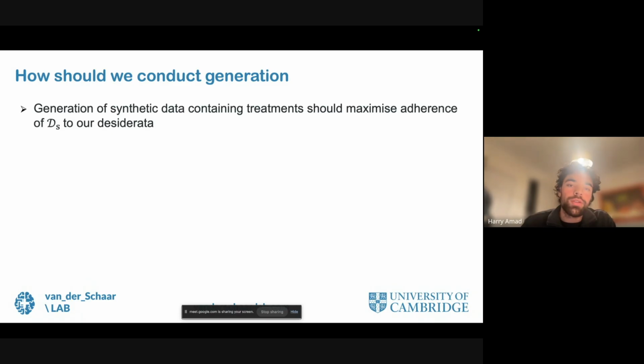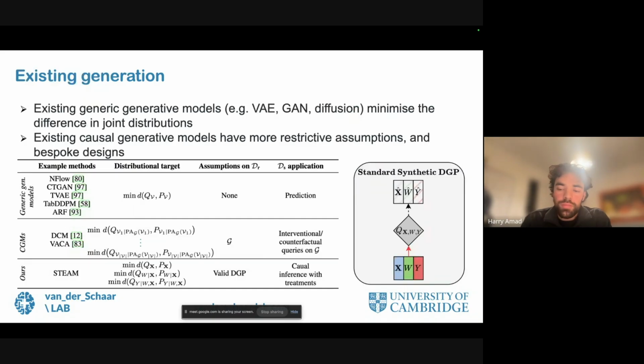And now I'll quickly get into the other part of our paper, which answers our final question: now that we know how to measure data, and we've defined what good synthetic data is and how to measure it, how can we generate data so that it performs well in terms of our desiderata and maximizes these metrics? So again, we first look at typical generation mechanisms, which fall into two broad families.